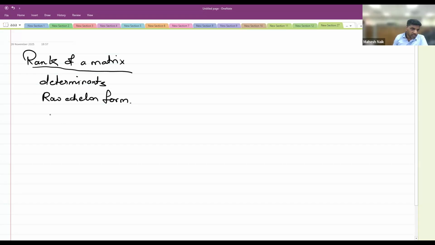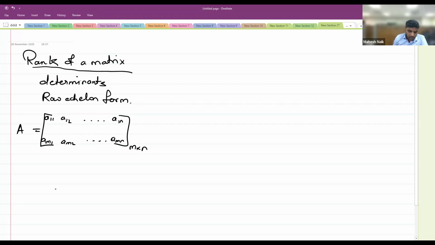In case I'm working with a rectangular matrix of order m cross n, so A11, A12 up to A1n, likewise Am1, Am2 up to Amn, suppose this is matrix A.